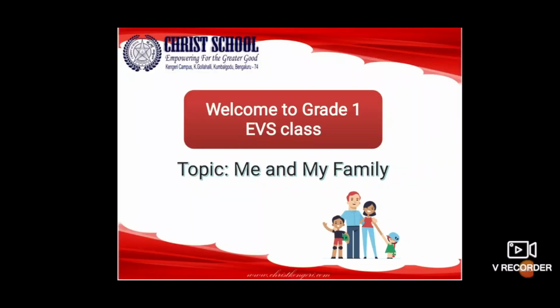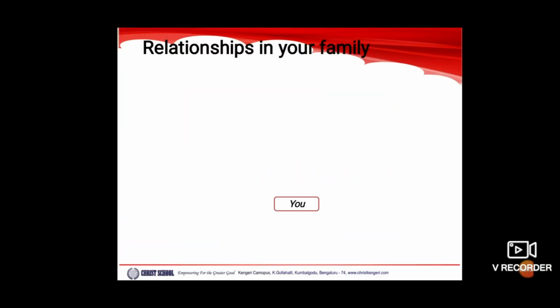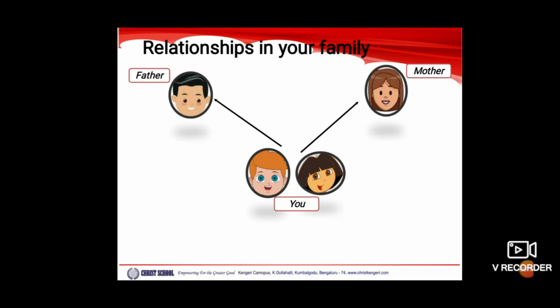We will now see who are these family members who make our family. Consider this as yourself. If you are a boy, it's him, and if you are a girl, it's her. The very first members of a family are our parents, your father and your mother, and the brothers and sisters born before and after you or with you will form your siblings.